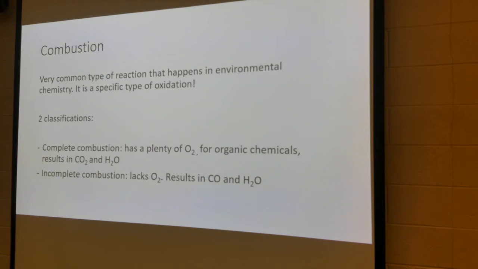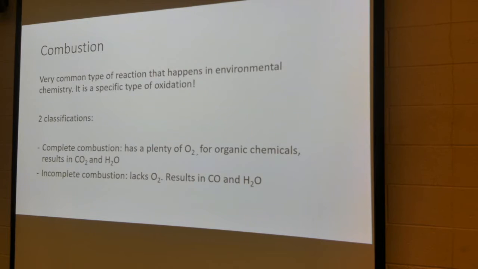With incomplete combustion, instead you have CO, carbon monoxide, water, and also some byproducts, something that wasn't completely burned because there wasn't enough oxygen. That's why it's really hard to forecast an incomplete combustion reaction, because you don't know exactly what remained. So most of the combustion problems we have work with complete combustion.